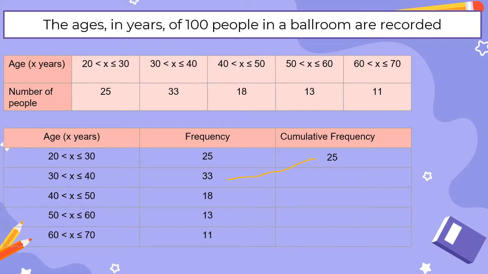So 25 plus 33, we have 58. Then 58 plus 18, we have 76. Next, 76 plus 13, we have 89. Then the last one, 89 plus 11, we have 100. So our cumulative frequency is 25, 58, 76, 89, and 100.